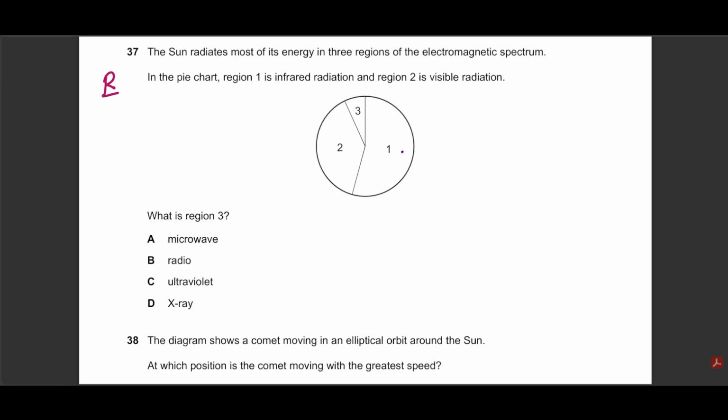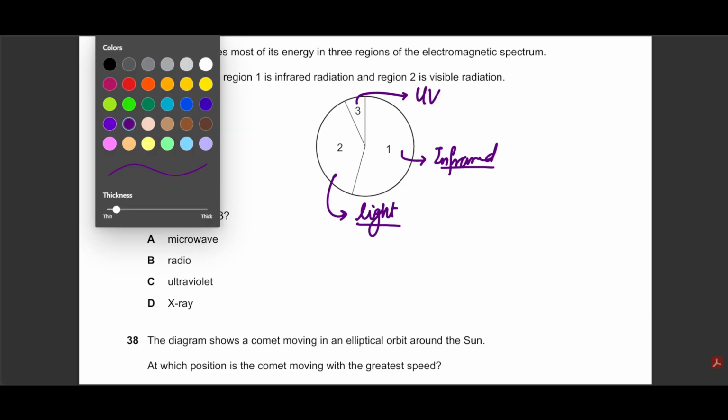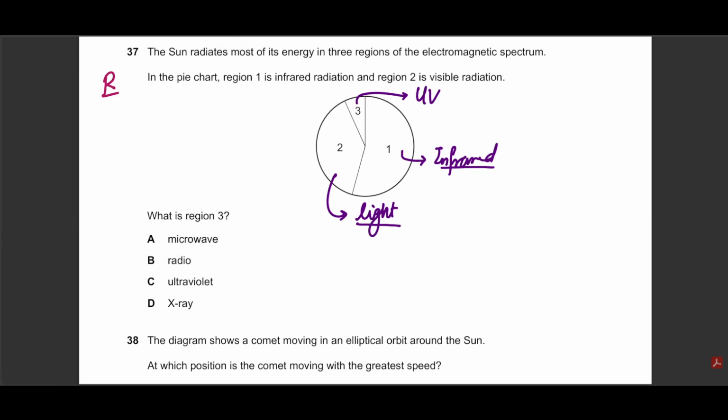So number 1 is purely infrared radiation. Infrared radiation is what causes the heating effect because of the sun. Number 2 is the visible light that the sun enables you to see. The third one is actually the ultraviolet radiation. This is what the ozone is fighting with or is trying to reduce so that you don't get cancer, God forbid.